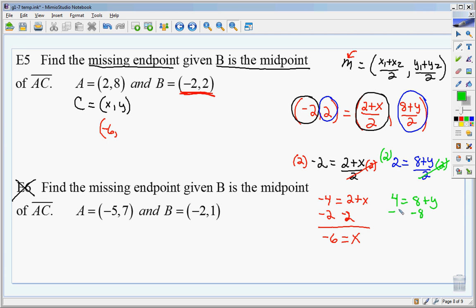Subtracting 8 then from both sides, the y-coordinate of C is negative 4. Everybody good?